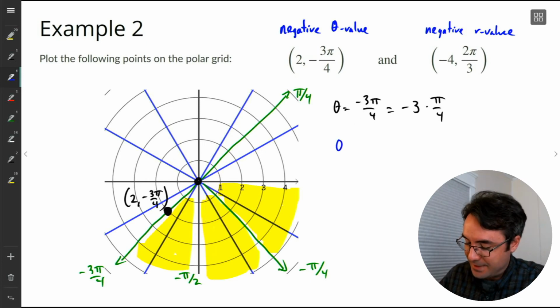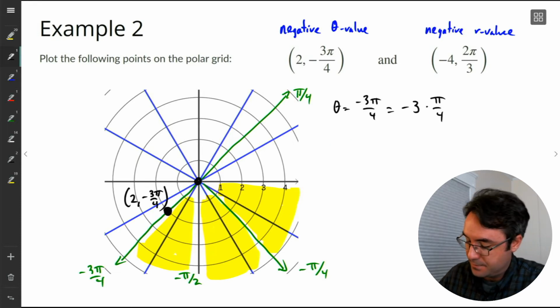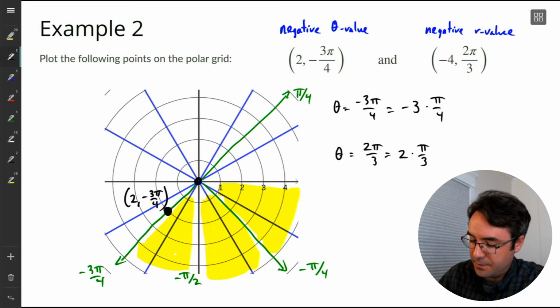And again, it's helpful, not necessary, but helpful. Think of this as 2 pi over 3 rotations, or 2 pi over 3 wedges. So where does pi over 3 fall? Well, pi over 3 is going to be right here.